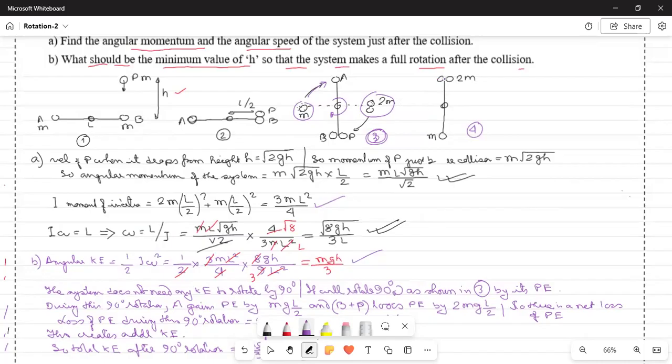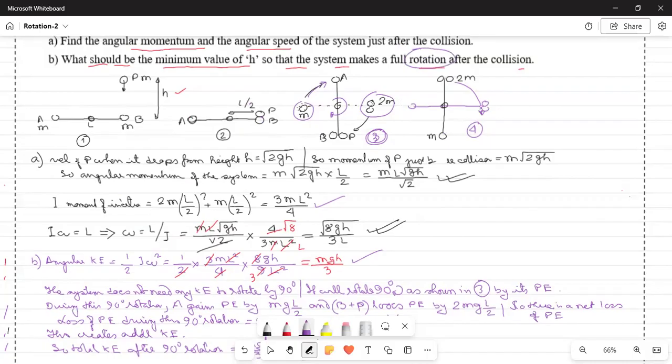If it can go to situation 4, then once again, due to potential energy, this end will start coming down. And finally, it will at least come to this condition, and further. And if it comes to this condition, then you see the rod has taken a complete 360-degree turn, because it has asked that it makes a full rotation.